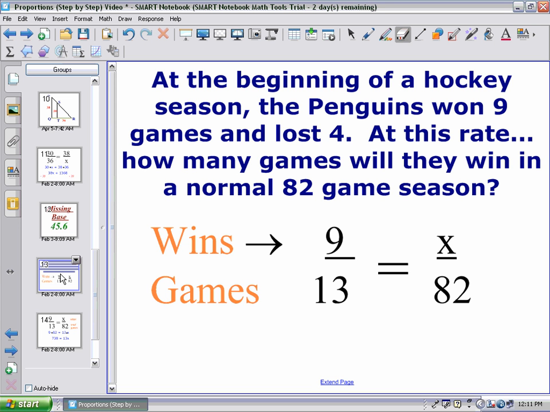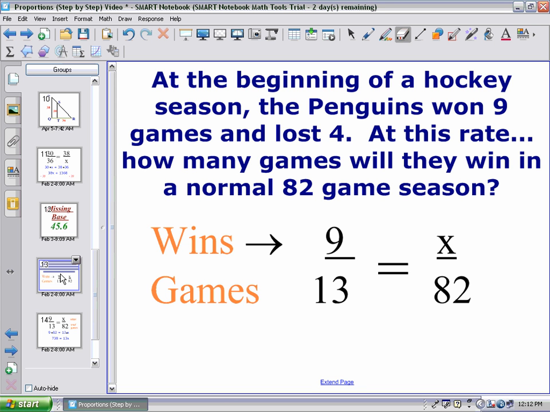The big picture, which usually gets lost for students, is the fact that they played 13 games, and that's a very important number in the math problem. If you win 9 and you lose 4, that means you play 13. So basically what this is saying is, for every 13 games, the Penguins are winning 9 and losing 4. So my first fraction isn't 9 over 4 or 4 over 9.